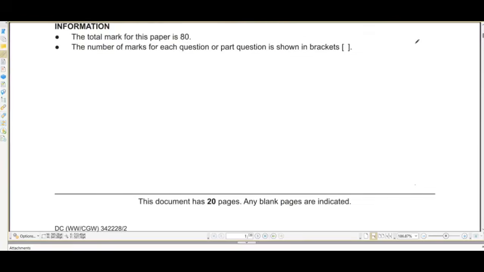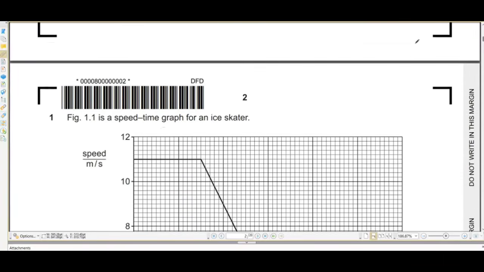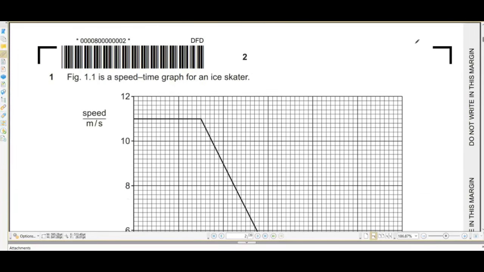When we attempt the theory paper of physics, or biology or chemistry, one thing is very important. You should know the keywords while answering your theory questions.